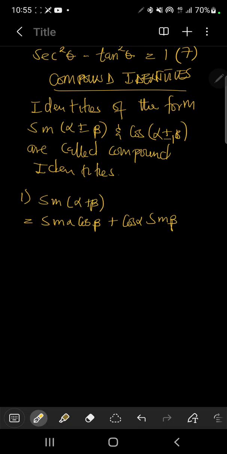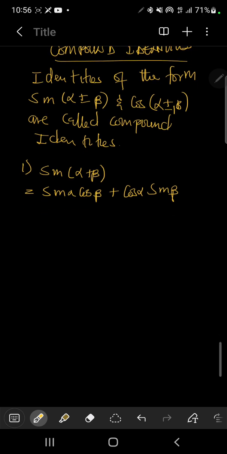So with sine, you maintain the sign, you just reverse the order.